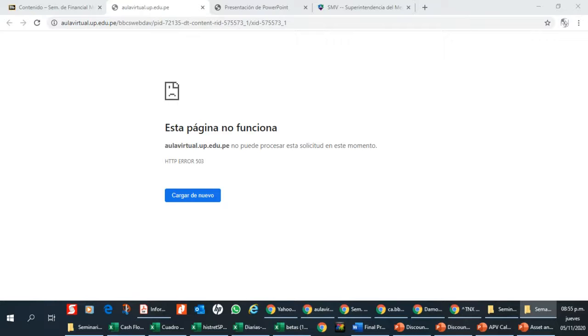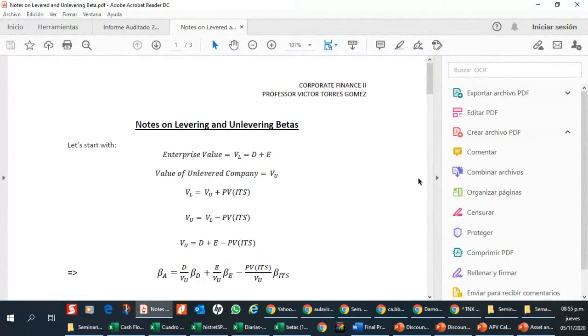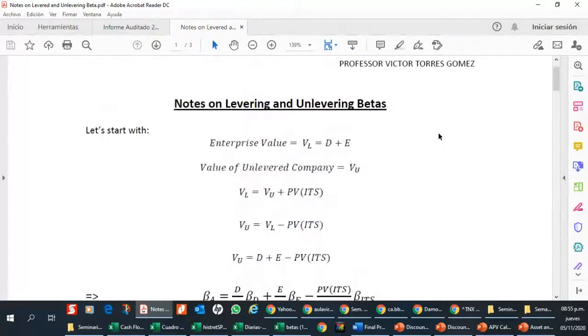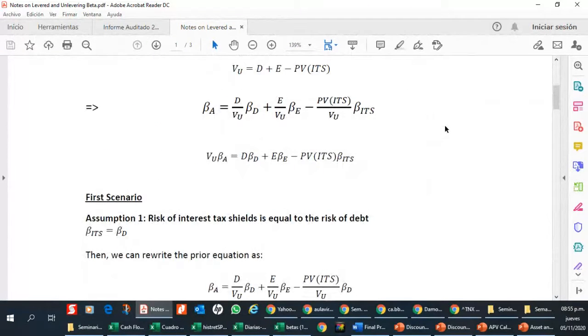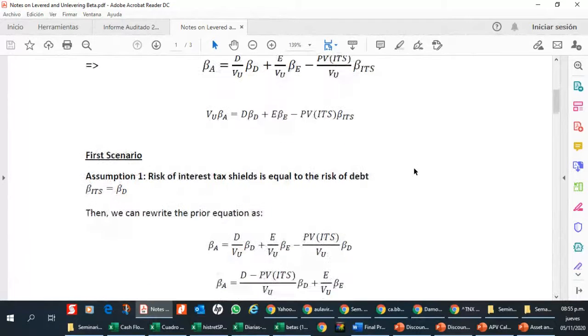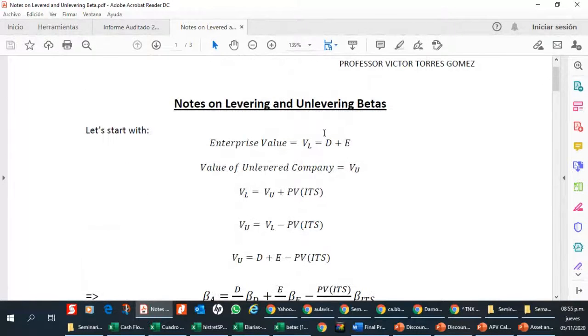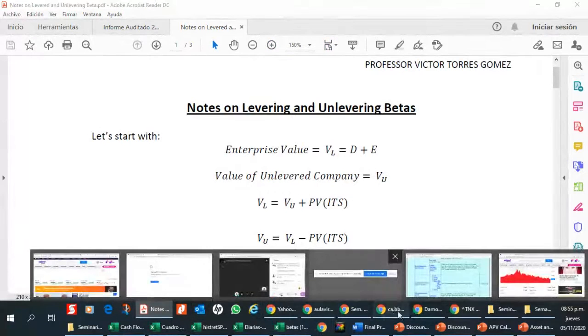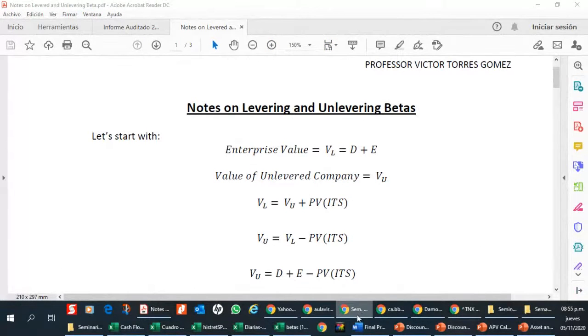I have it right here. So this is better, I think. So let me confirm that you are looking at the same screen that I'm showing. Yes. This is also on Blackboard Collaborate. I don't know why it's not opening right now. I had some trouble with that page before.